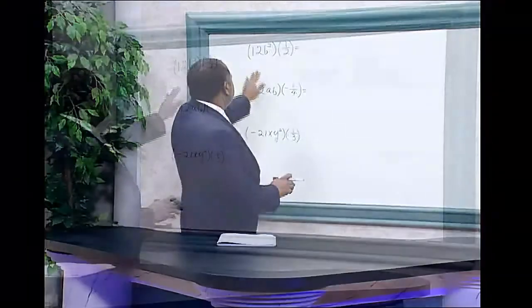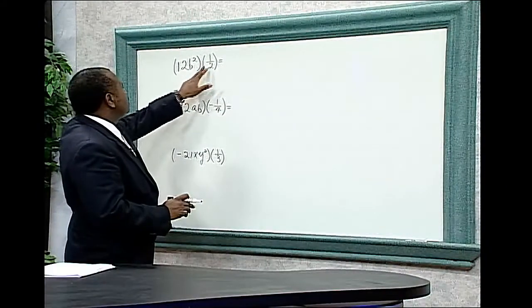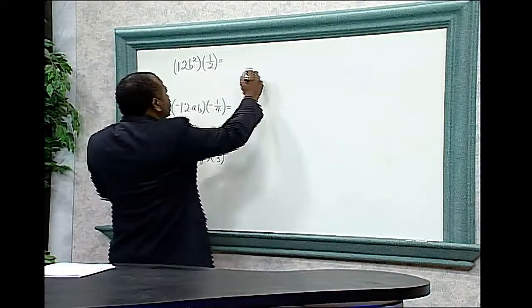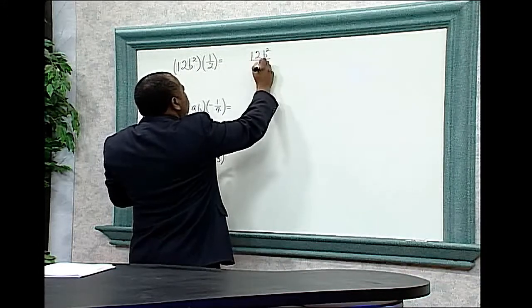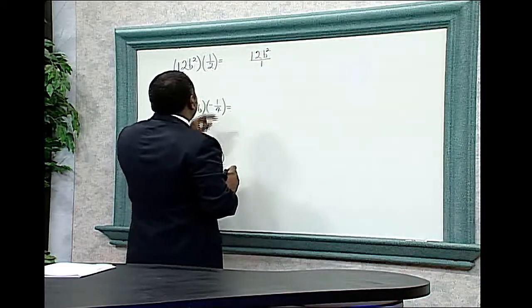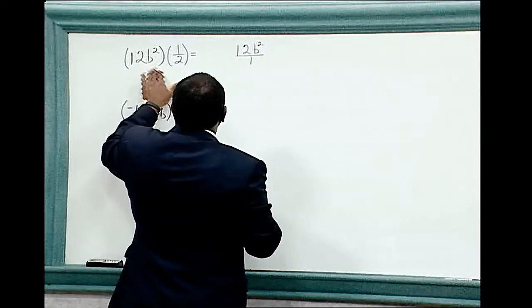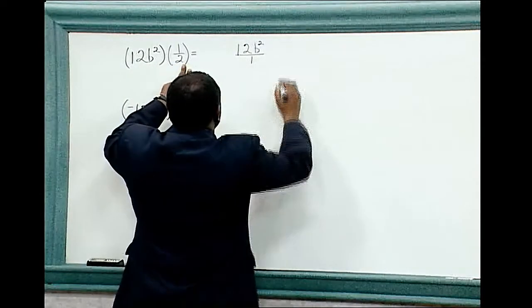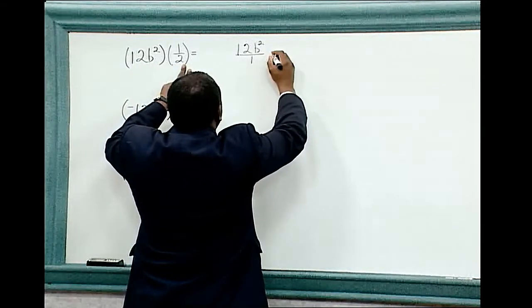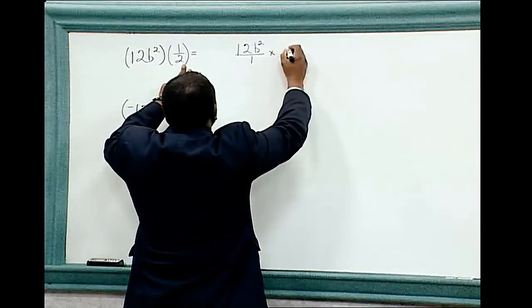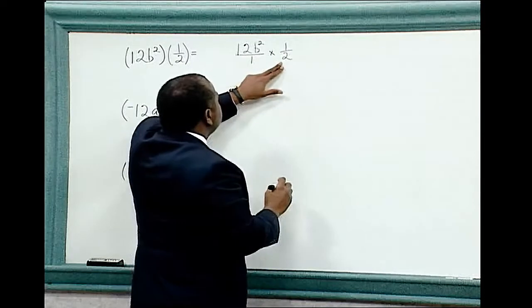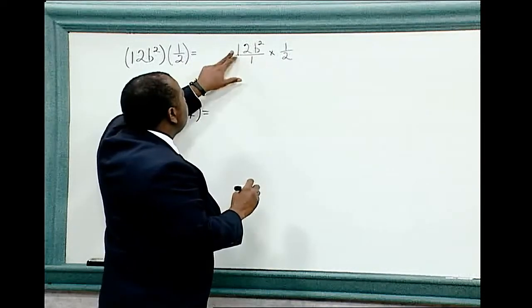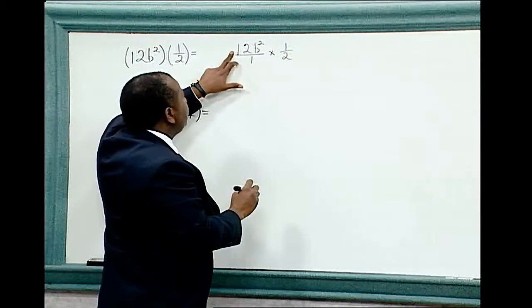Example 4. 12b to the second power times 1/2. I'm going to write a 1 under 12b to the second power because I'm multiplying this expression times a fraction. 12b to the second power over 1 times 1 over 2. As you observe, 2 and 12 contain a common factor.